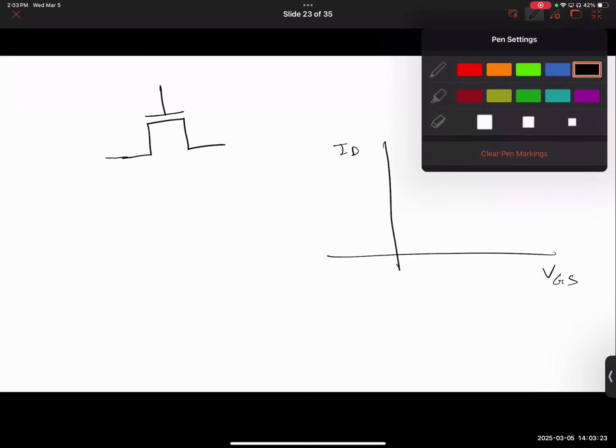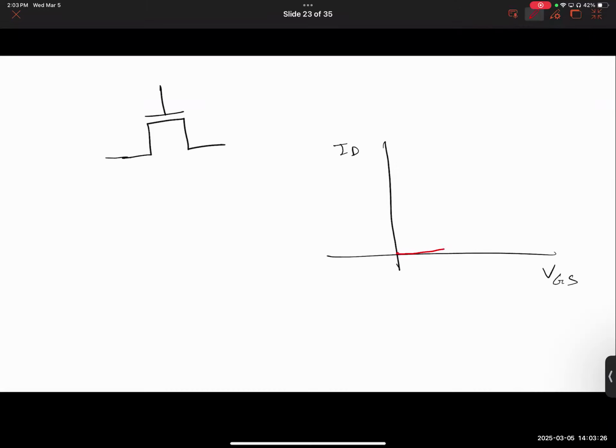Okay, let's do it. If you have a transistor like this, let me draw the ID versus VGS characteristics of a transistor. It basically looks like this. So you have a threshold voltage, V threshold, and above the threshold voltage, the transistor turns on.